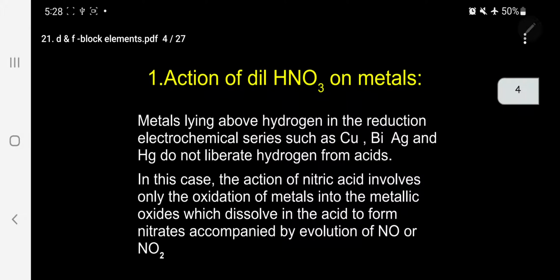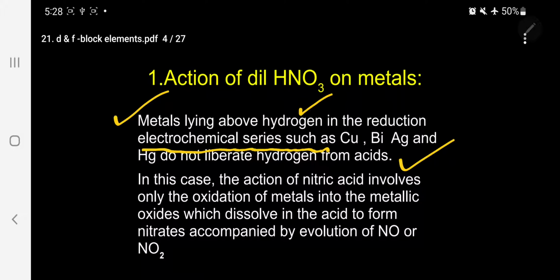Kindly follow. Metals I told you already, lying below hydrogen in the electrochemical series, such as copper, bismuth, silver and mercury, do not liberate hydrogen from acid. Please follow.